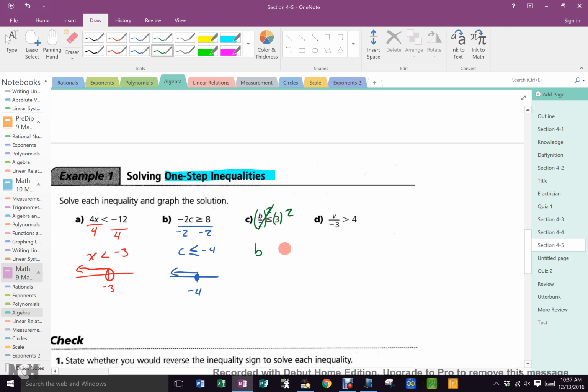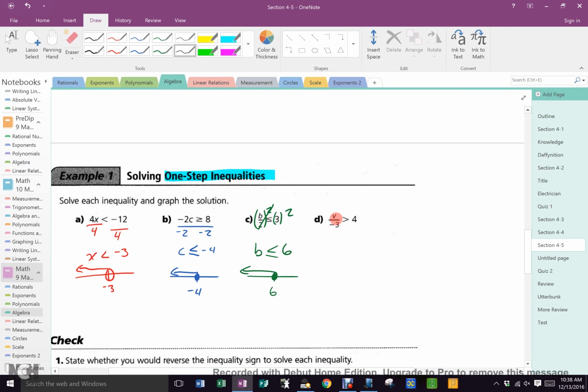B, 2 times 3 is 6. I multiply by a positive. Does the sign change? No, because I used a positive. Graph it. 6. Closed dot, because it equals, and I follow the arrow because the letter was first. Everybody good?